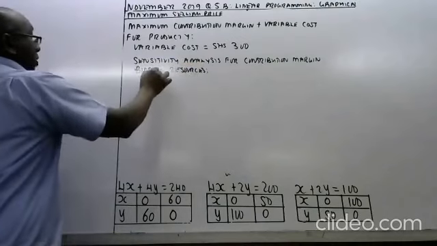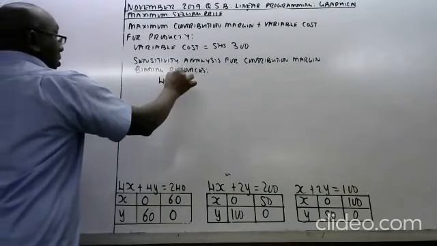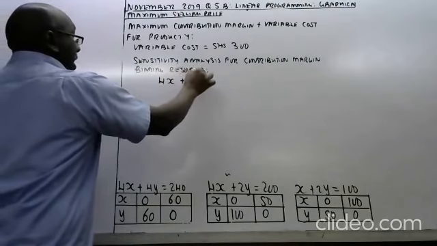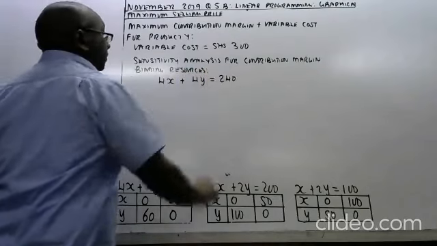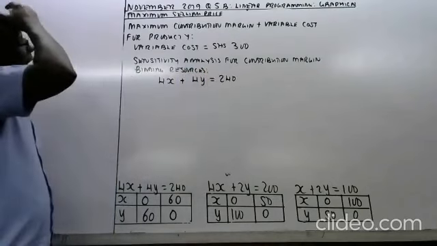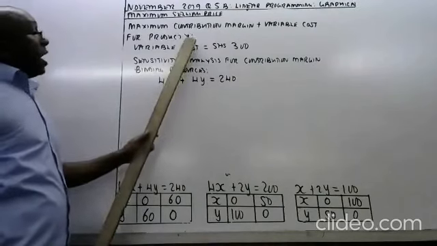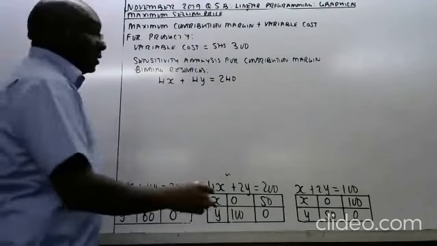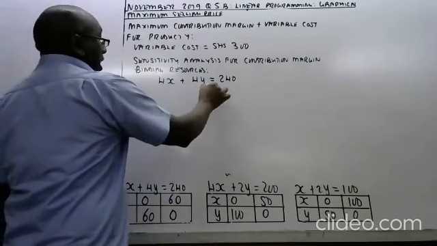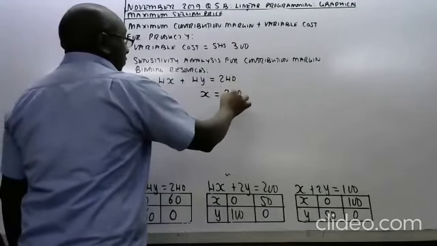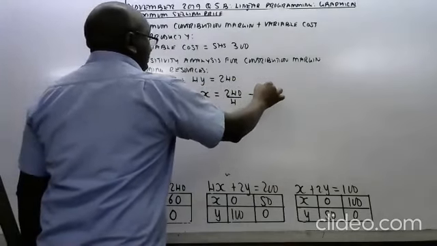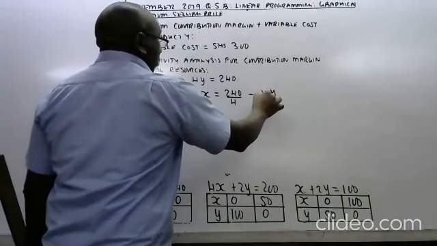The first one is 4x plus 4y is equal to 240. And because we are dealing with product y, we make the other one x. So x becomes the subject. So it will be 240 out of 4 minus 4y out of 4.